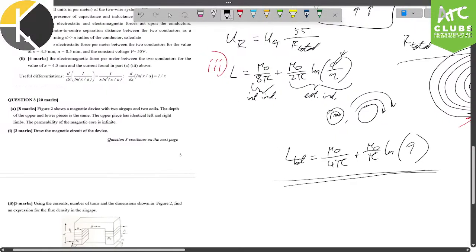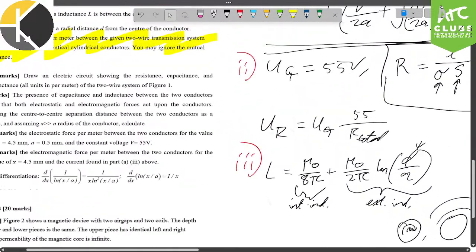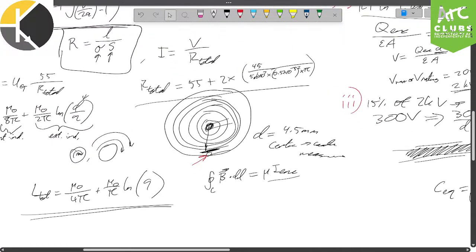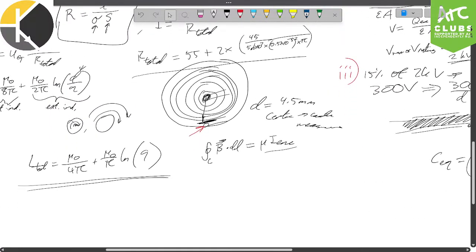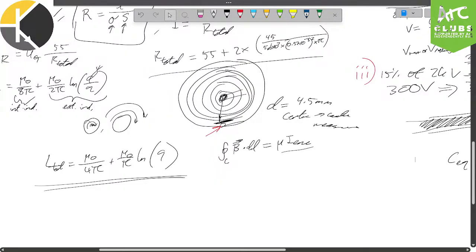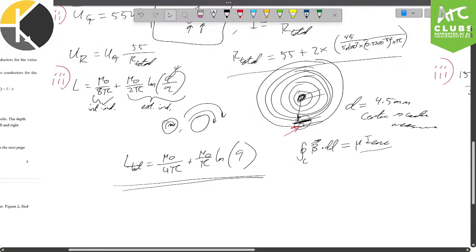Mind you, they did ask us to ignore the mutual inductance. If we didn't in this system, there would be a couple messy things. Mainly because we're looking at the amount of flux that would incite other currents inside this wire, which is a little messy.